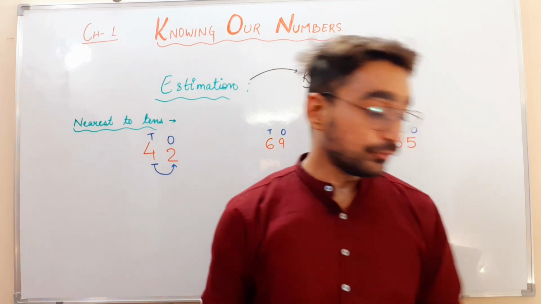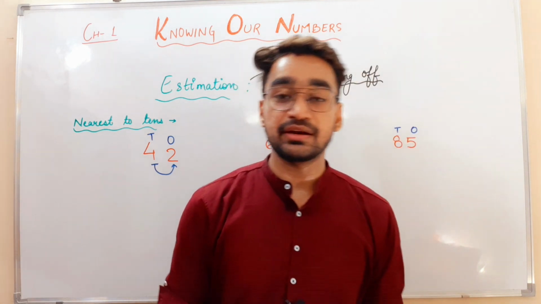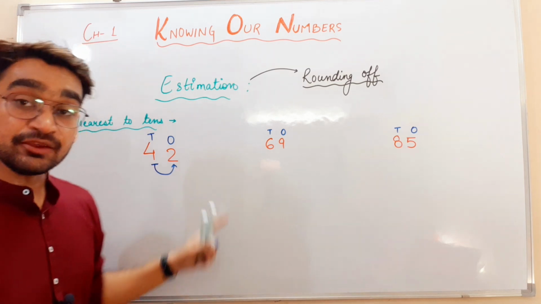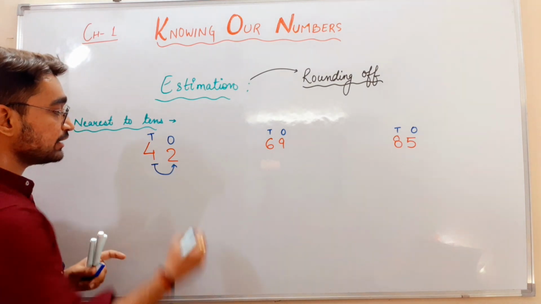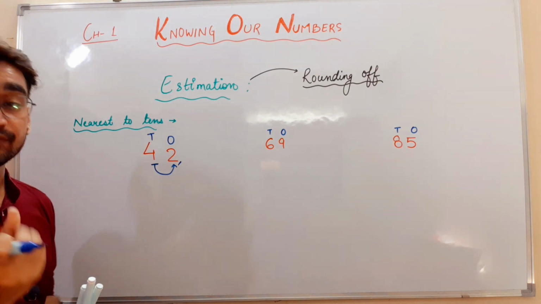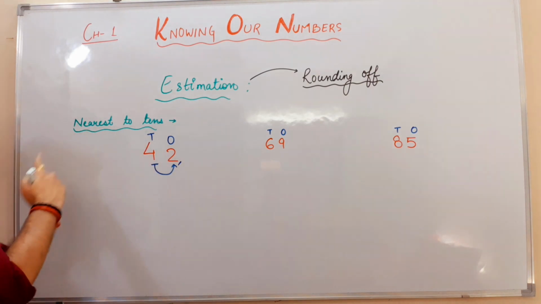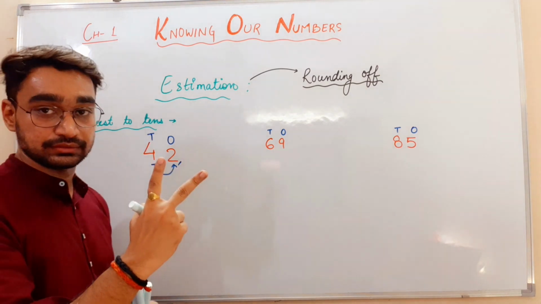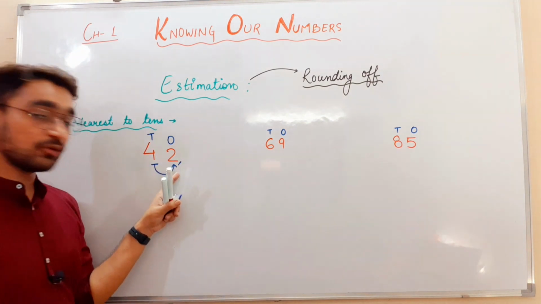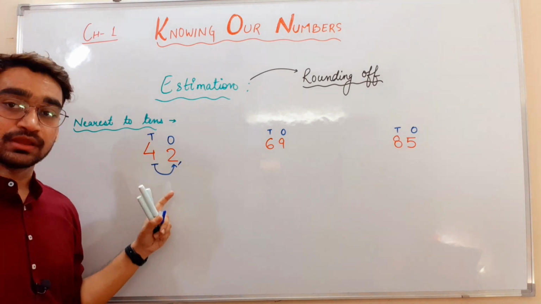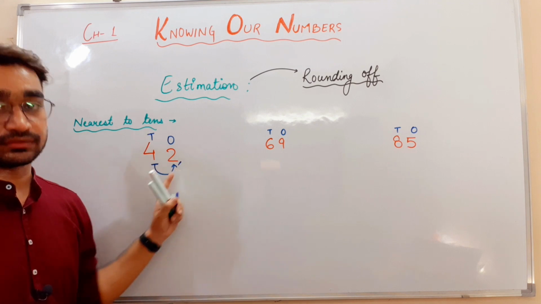Now here I have to follow the same criteria that we were doing from that 51 to 60. If the number is less than 5, it is going back. Remember that there are always two cases: if this number which we are looking at is 5 or more than 5, or less than 5.